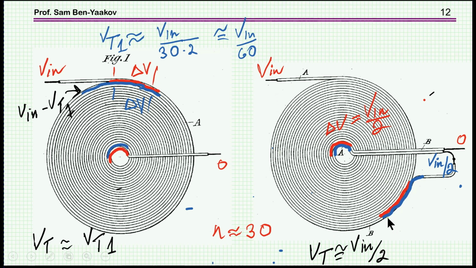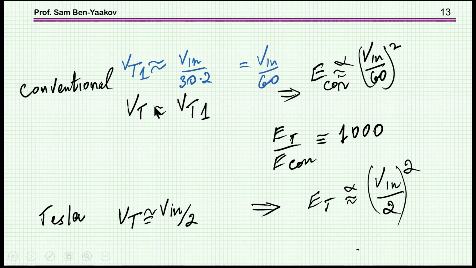That is, there is always a V in over 2 difference between the two, because as you go around and around, you keep the same voltage difference between adjacent wires. Obviously, the voltage now is much higher than here, and therefore the energy stored, or the equivalent capacitance, will be higher. So let's have a look at it.